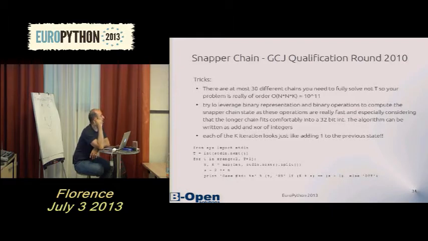We may notice that the integer you're using to represent the snapper chain is actually adding 1 every time. The problem is actually just summing all the numbers up to k.